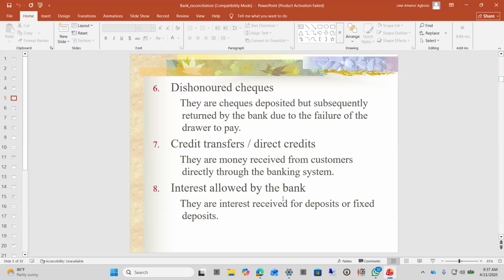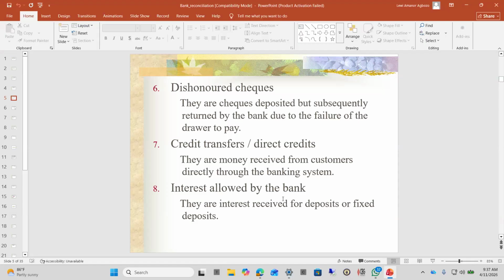Or if the check has certain things cancelled on it, or maybe it's supposed to be two signatories and only one person signed, there are various reasons that a check may be dishonored. It can also be that there's no money in the person's account.